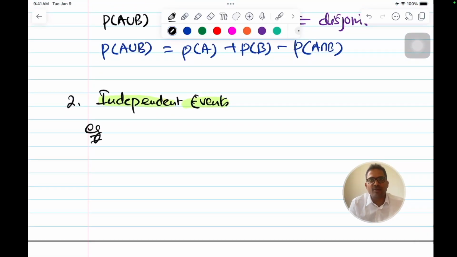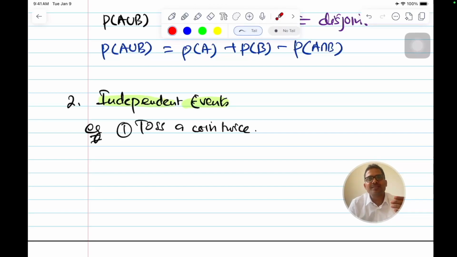For example, let me give an example. If I toss a coin twice, the first time, if I get head, do I know what I will get in the second toss? Does that impact the second toss in any way? No. All the events here are independent.